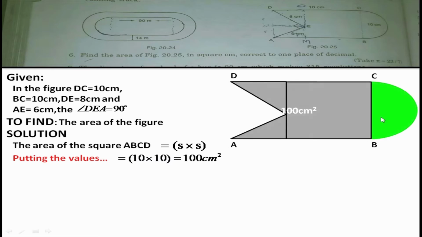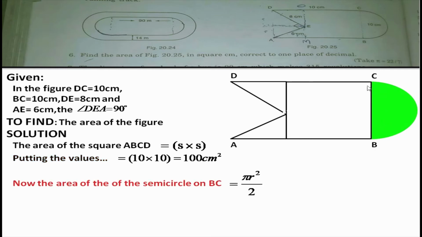So now we will take out the area of this semicircle on BC. You can see this green semicircle is on BC. It's constructed on BC. How will I take out the area of this small semicircle? It's simple. We know the formula for the area of a complete circle, which is pi r square.